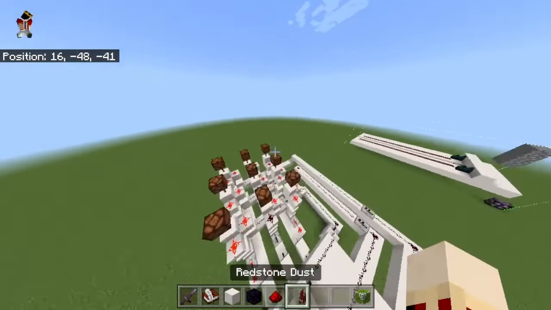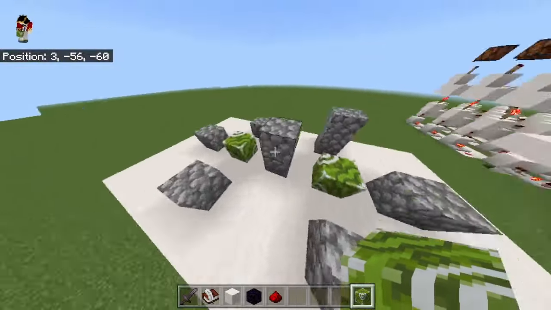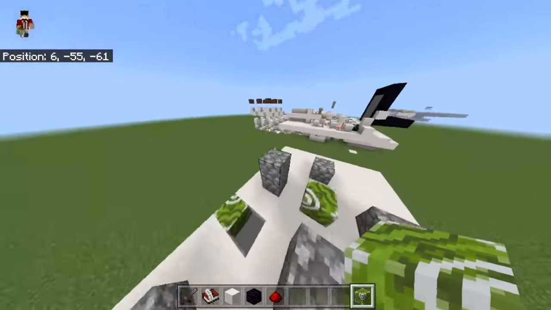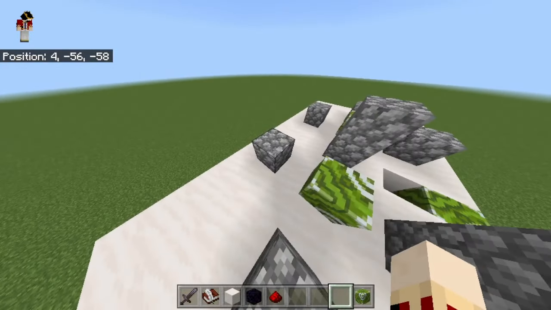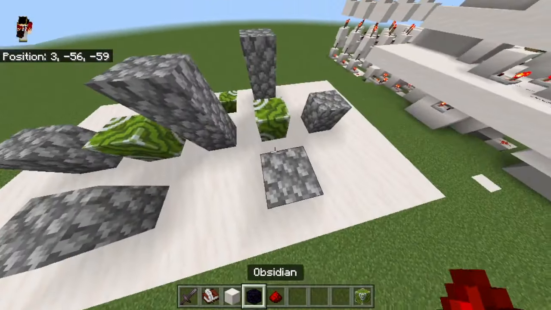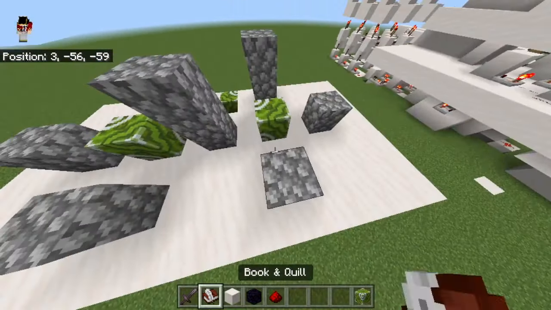Now, how the Sculk sensors work, I will represent that here. So let's say this glazed terracotta block is a Sculk sensor and these are my cobblestone blocks. So if I ask this Sculk sensor, hey Sculk sensor, tell me if the block is 1 block away.